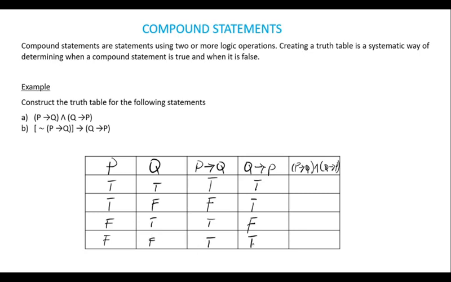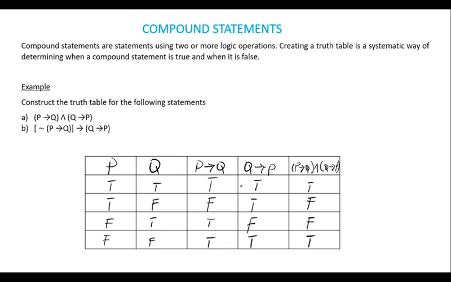Now we are going to use the AND logic operation on these two to have our final answer. So true and true is a true statement. False and true is a false statement. True and false is also a false statement, and then true and true is a true statement. Now remember, the conjunction, or the AND, is only true when both are true, and it is false when one of the truth values is false.